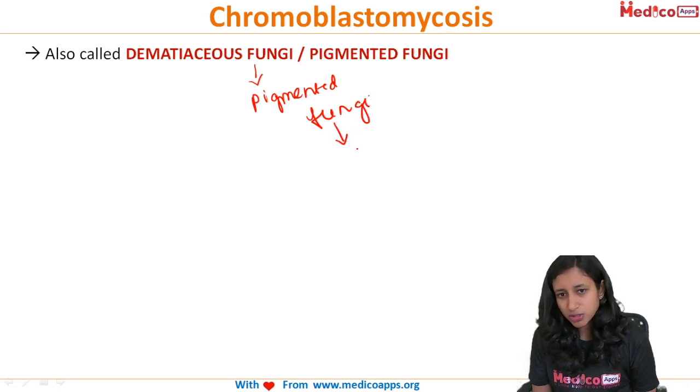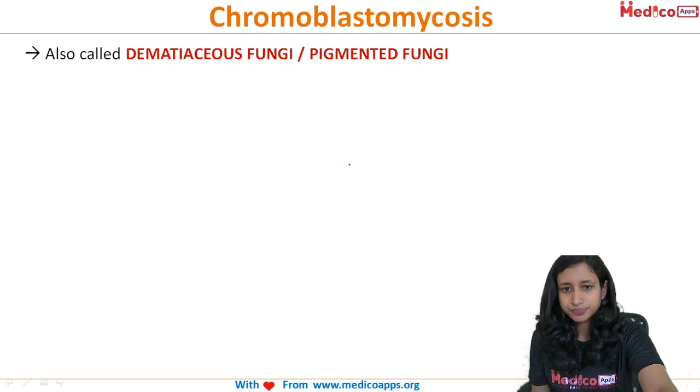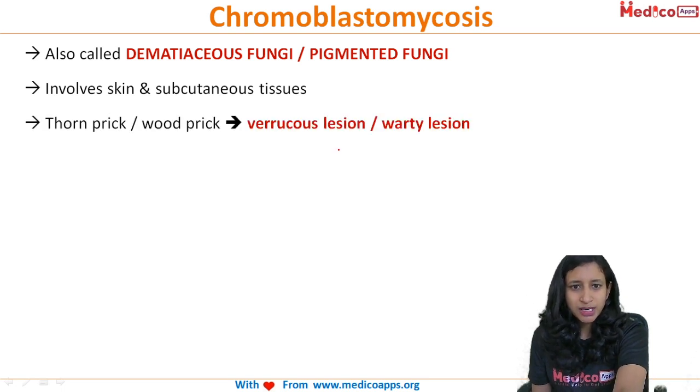and they produce what is known as sclerotic bodies. So this is something that you have to understand. Sclerotic bodies are the characteristic feature of pigmented fungi. So it involves skin and subcutaneous tissues.